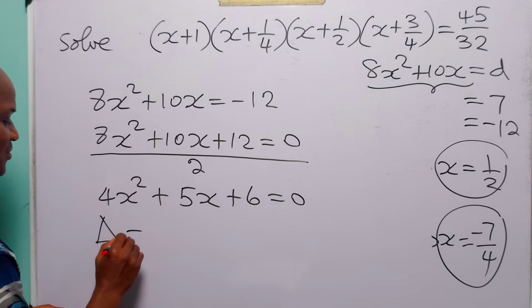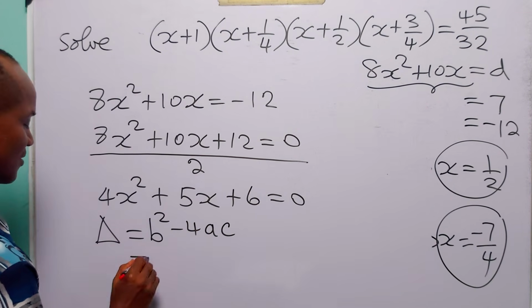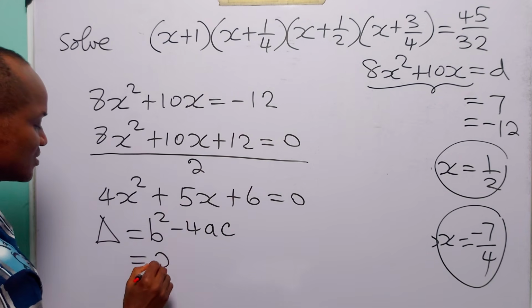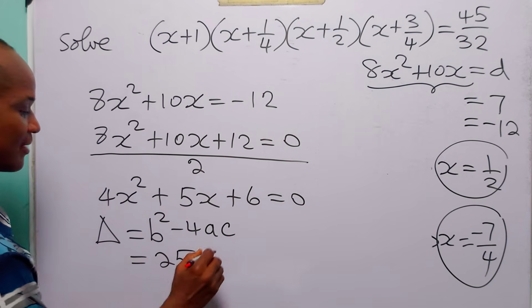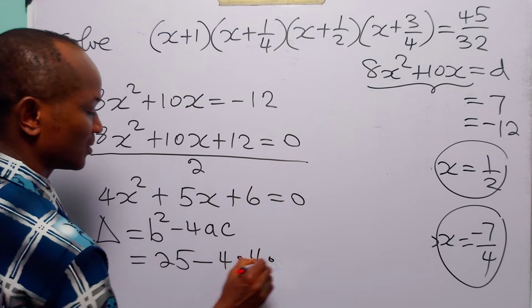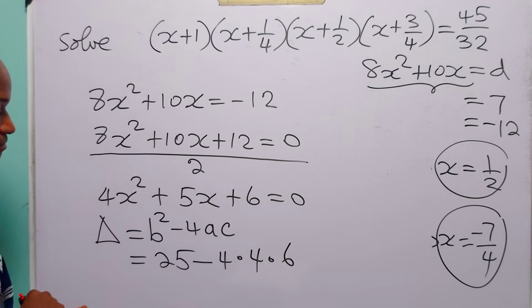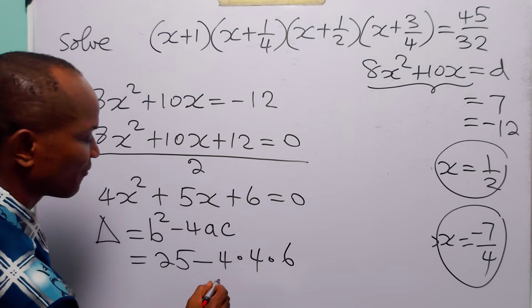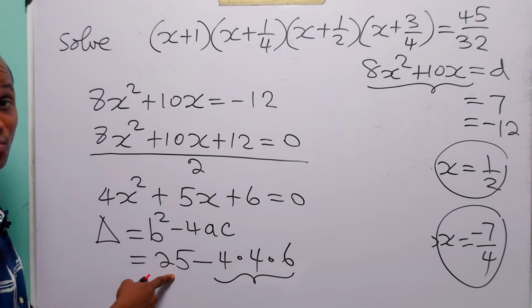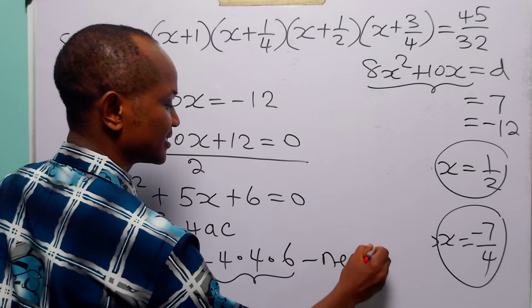Using the discriminant, which is b squared minus 4ac. We have b squared is 5 squared, which is 25, minus 4 times a is 4, and c is 6. Now you can see that 4 times 4 times 6 is greater than 25. So this discriminant is negative.